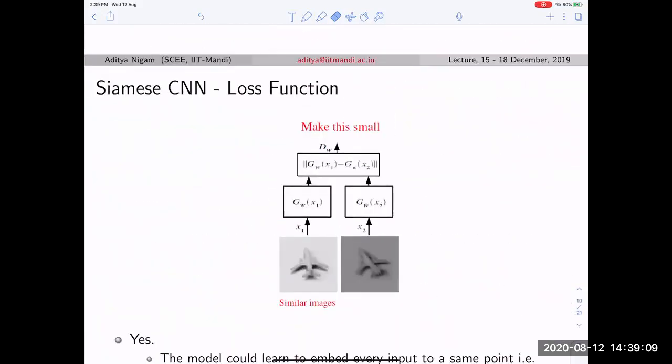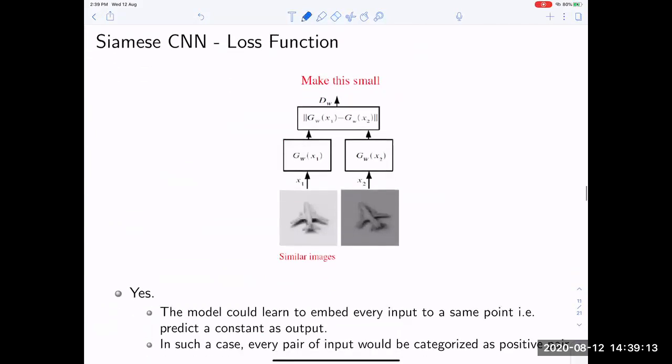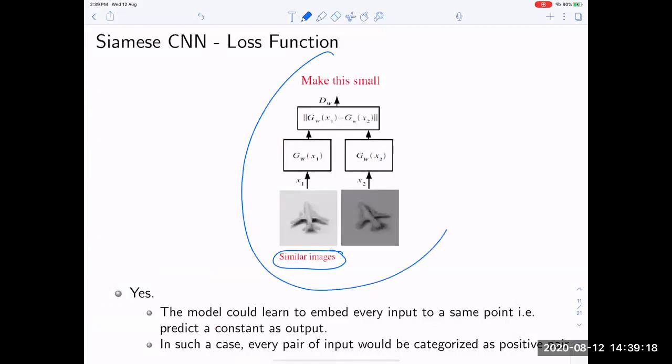So what was the problem? The problem with this loss function was that it's actually one-sided. If I'm showing you similar images, the network will easily understand that every time they show me similar images, I need to make this D_W zero, or basically make these two things the same.